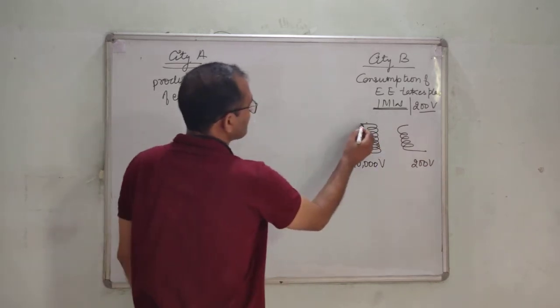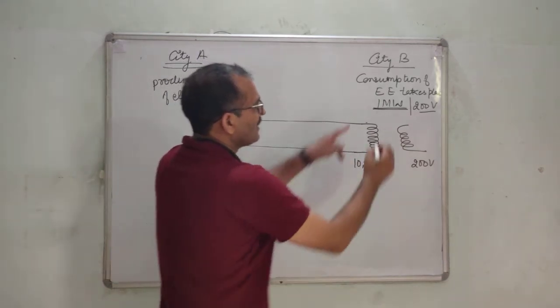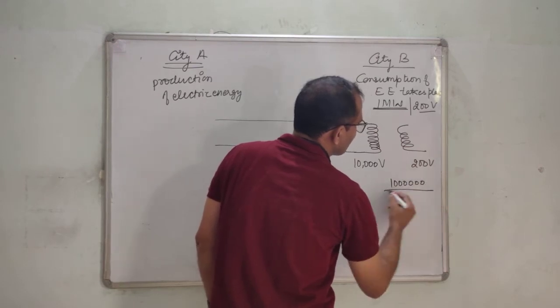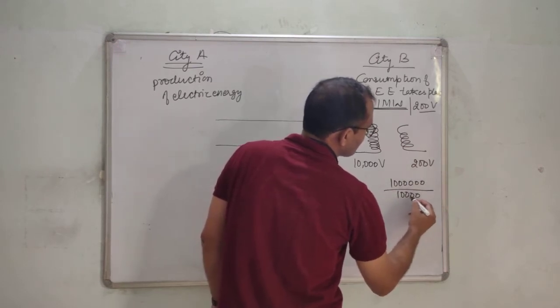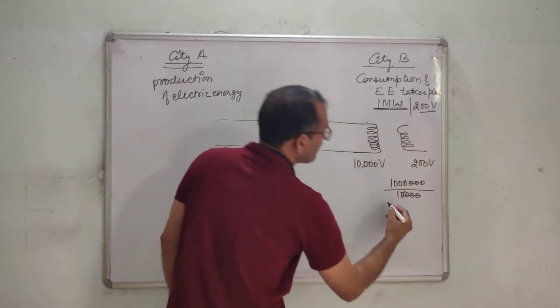Now, how much current in this wire? 1 megawatt, that is 10 to the power 6, divided by 10,000. The line current will be equal to 100 ampere.